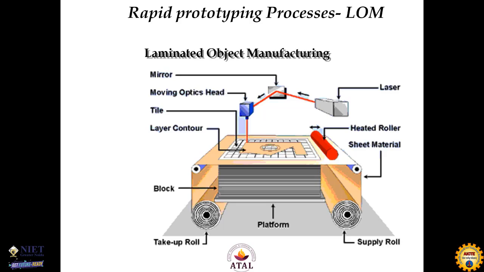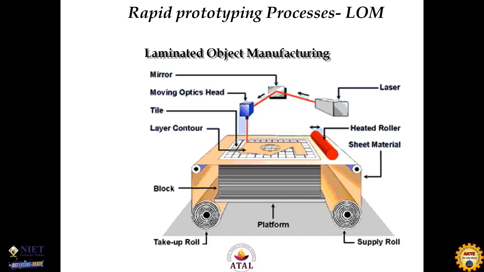Once the first layer is created, the supply roller takes up the roll and a fresh sheet is available above the first layer. Then the same cutting process is repeated until the final part is produced.